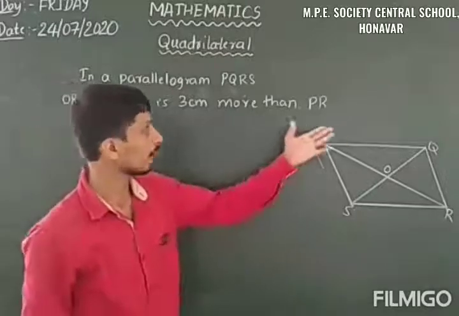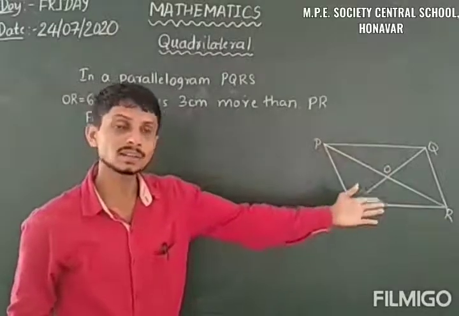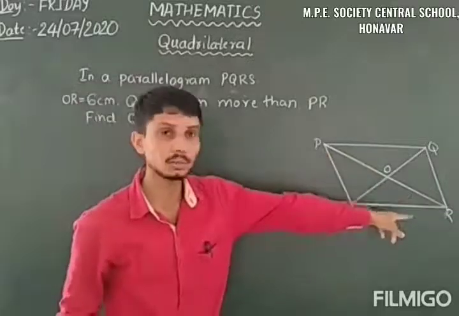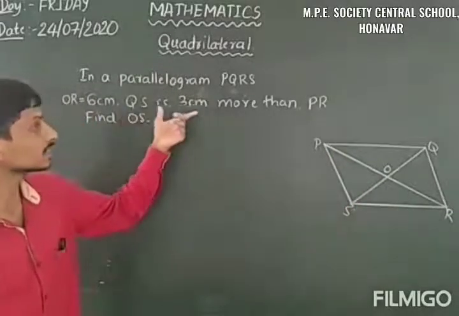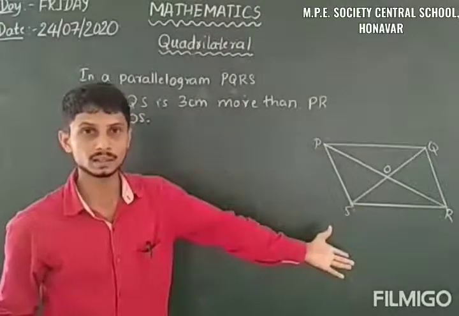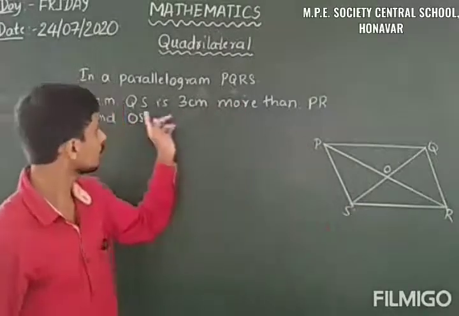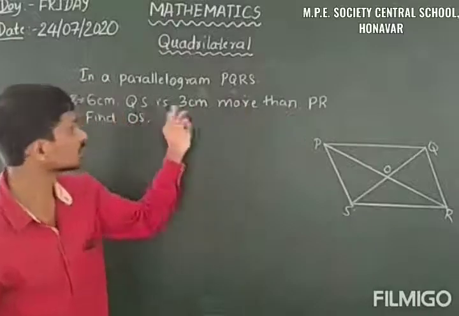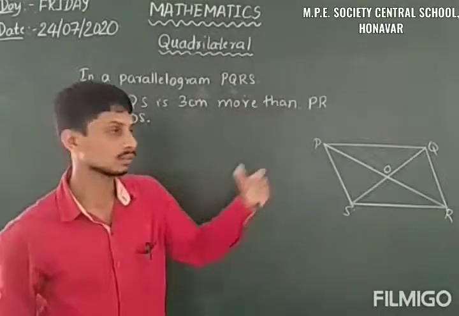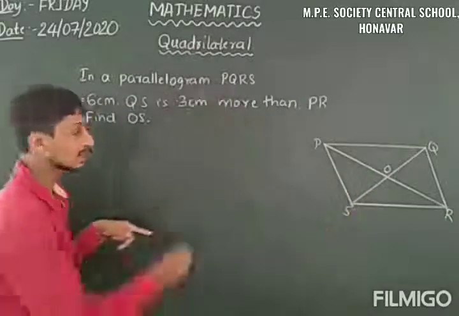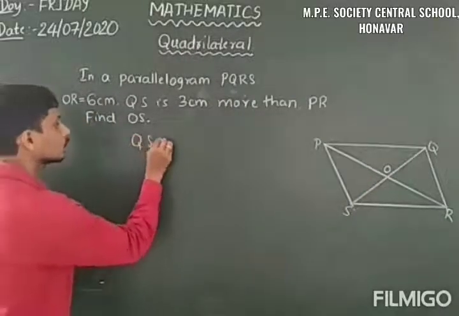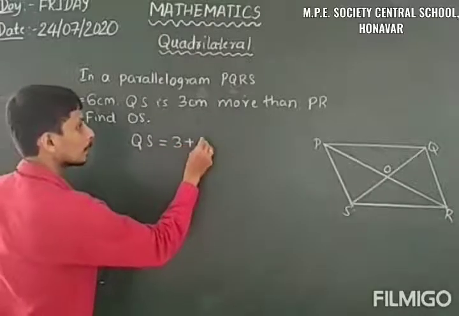So here we have a parallelogram PQRS. We know the value of OR is equal to 6 centimeter, and QS is 3 centimeter more than PR. So firstly we write it in the form QS is 3 more than PR. QS means the complete diagonal QS. QS is equal to 3 plus PR.